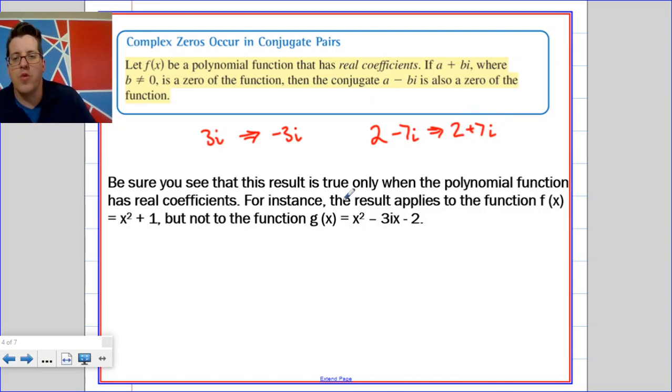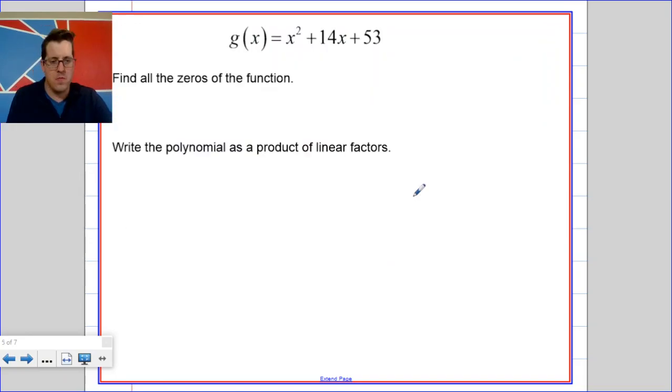Now, this is only true if the polynomial actually has real coefficients. So like this, where it has an i as part of its coefficient, wouldn't have complex conjugates like that. But we're never going to deal with anything like that in our class, okay? That would be rare, or it would be a bonus question or something like that.